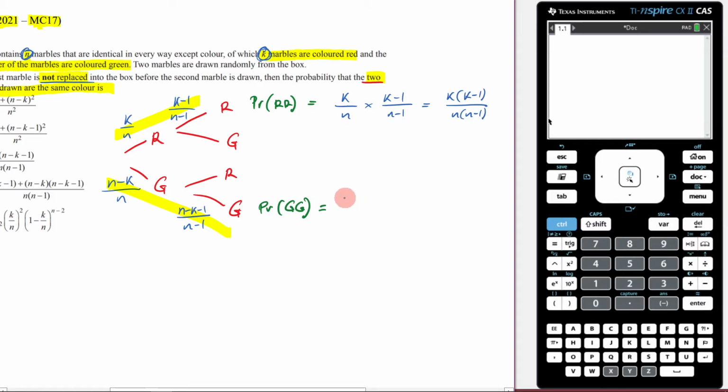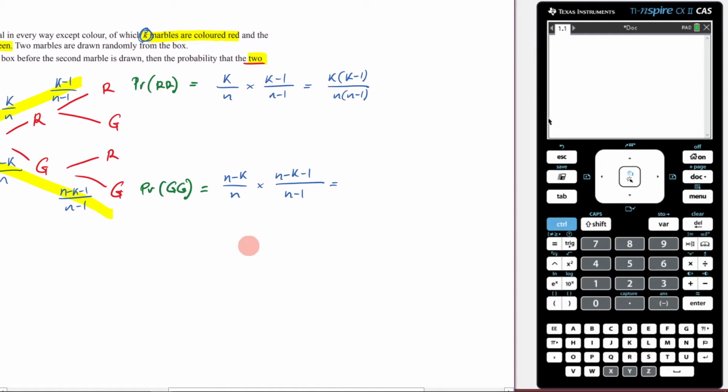And then over here, I'm going to end up with N minus K over N times N minus K minus 1 over N minus 1, which is going to leave me with N minus K multiplied by N minus K minus 1 over N times N minus 1.